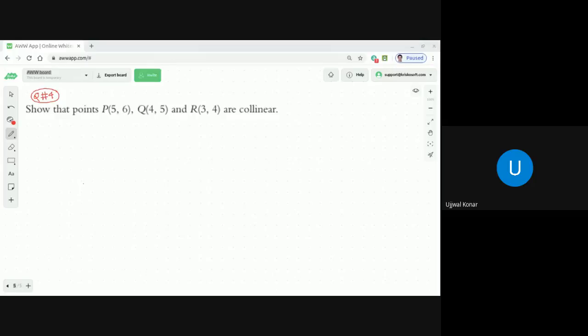In fact, it is a very good exercise you can do after the class. Once the class is done, you take this particular problem, plot those 3 points P, Q, R in the graph paper and find PQ. You will find it is near to 1.4.